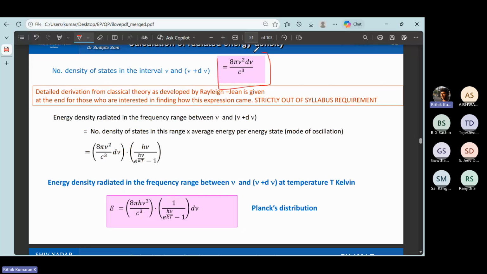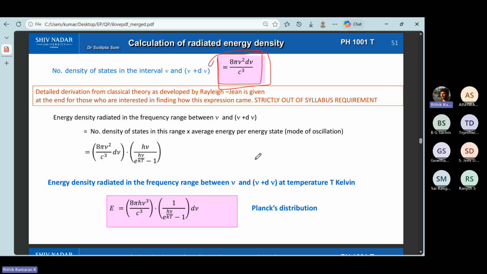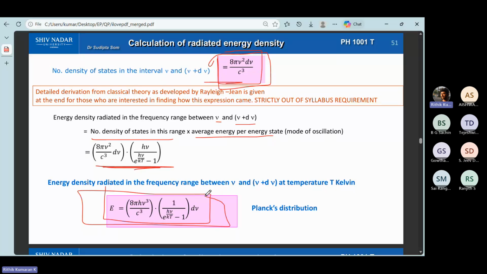The derivation of this is not necessary for you. Just remember this is the energy density term there. So you multiply the energy density, which is this term, and the average energy, which we calculated in the previous derivation. The energy density of radiation between nu and the next level, nu plus d nu, is this in whole, and this is called Planck's distribution.